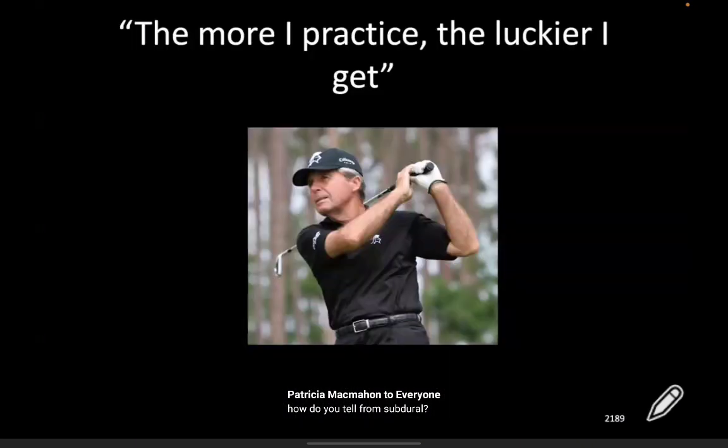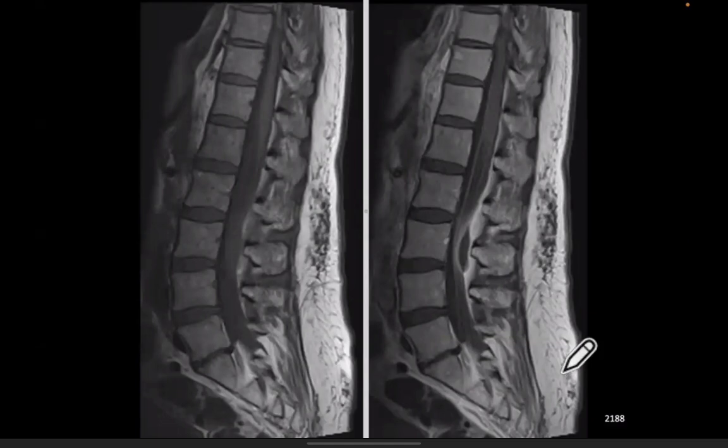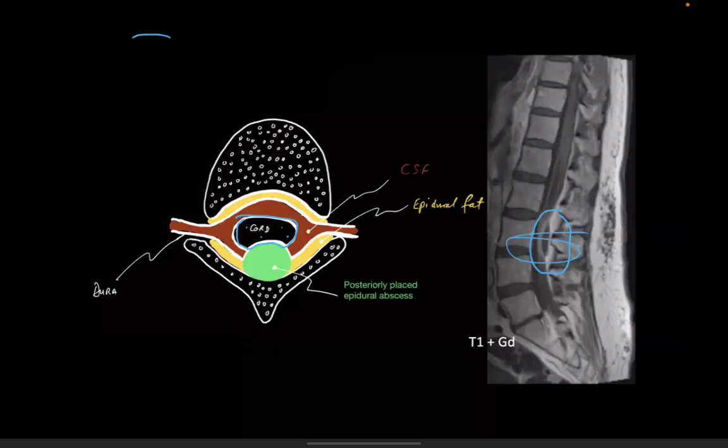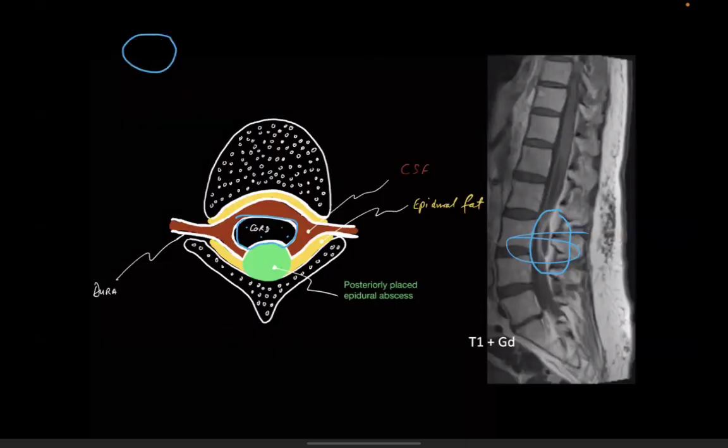How do you tell from subdural? Well, or do you mean intradural? So it's the angle. So an extradural, there's the thecal sac. An extradural lesion will compress the thecal sac like that. Gets squashed. Okay. So there's the cord there. So that's extradural or epidural.